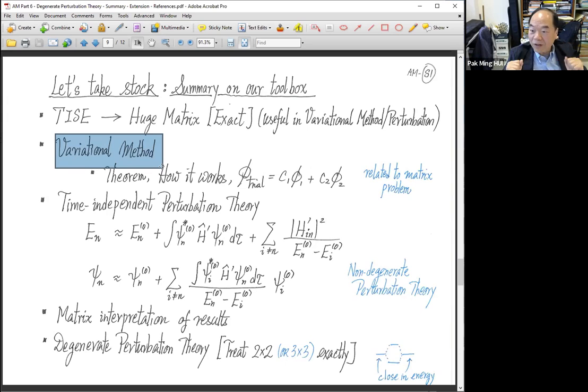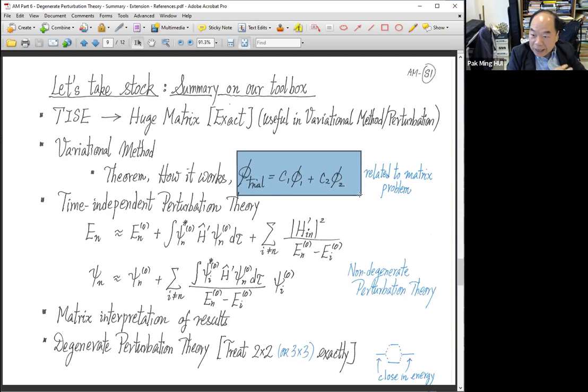It's a very simple method. In particular, if we work on a trial wave function as a linear combination of a few functions, it gives us a small matrix problem that looks very similar to the exactly huge matrix problem. And that justifies truncation of the exact matrix.